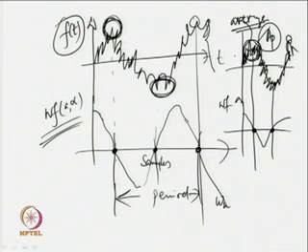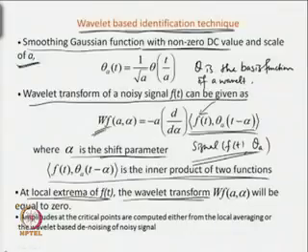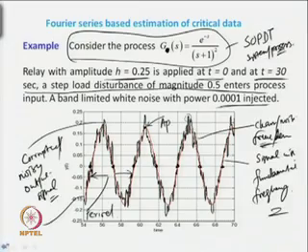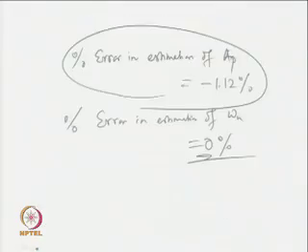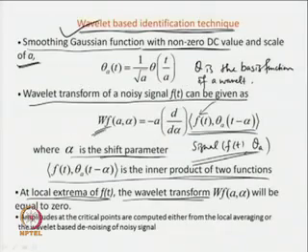So, first of all it is very important to locate the zero crossings, and next it is very important to locate where your actual peak amplitude remains. So, once you have located, if the noisy signal is averaged around that, then the correct measurement of peak amplitude can be made. So, that is the benefit you get from wavelet based identification technique.